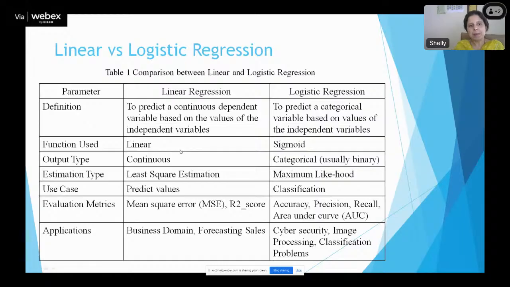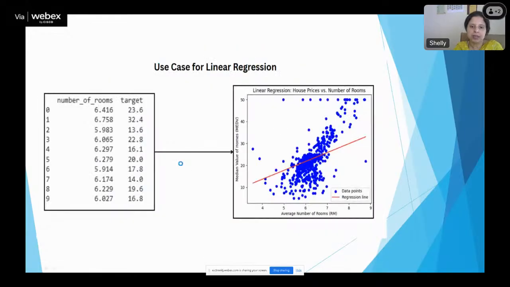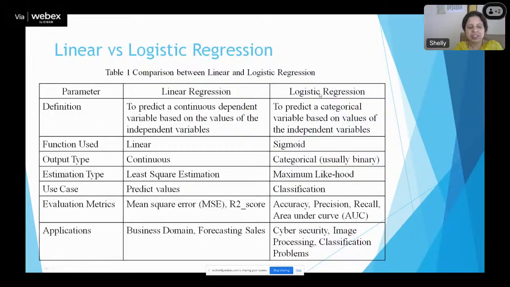Now I'll compare linear and logistic regression based on certain parameters. The first parameter, the definition: linear regression predicts a continuous dependent variable based on the values of the independent variable. Here, you have to take into consideration the word continuous. In logistic regression, the main emphasis is on the categorical variable.